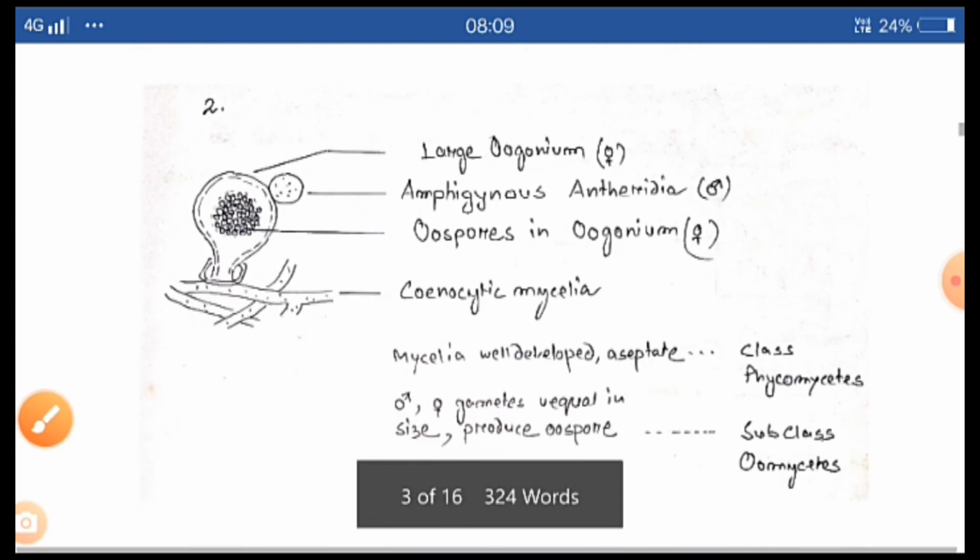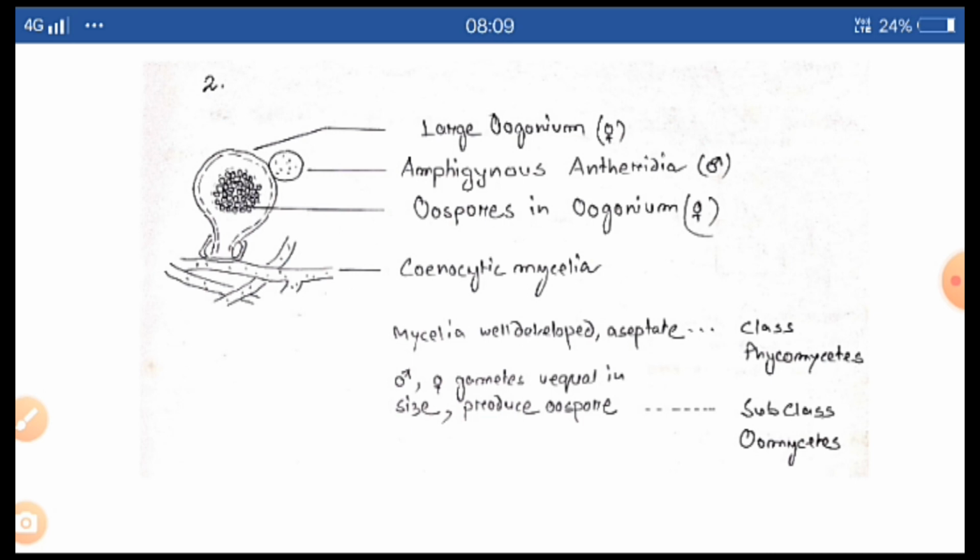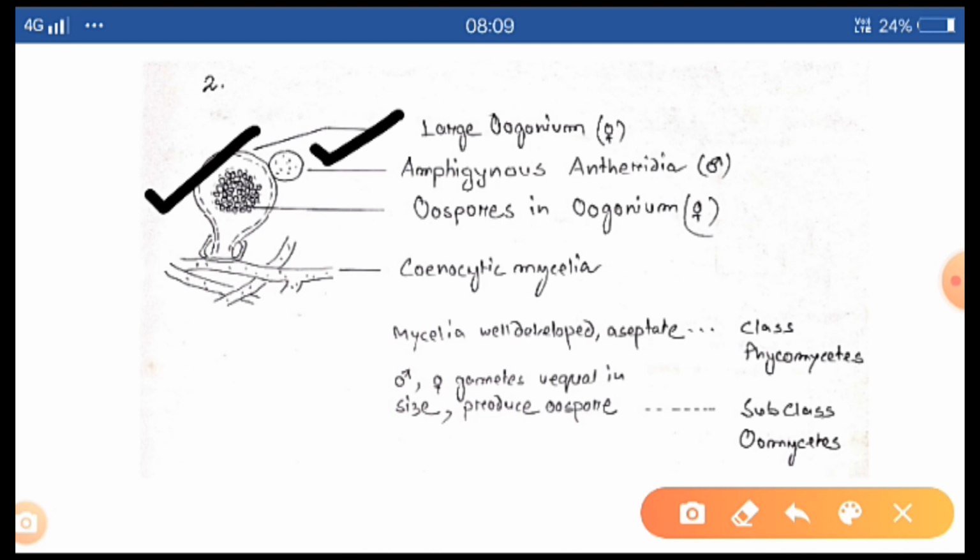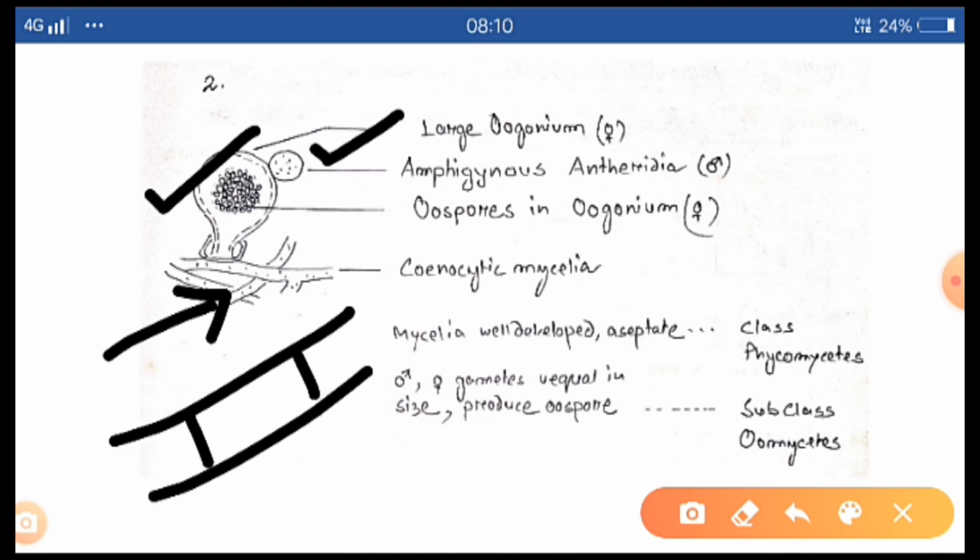Let us move to another example. On your screen there are two globular structures. One is small and another one is big. The small one is the male unit and the big one is the female unit. And the mycelia are non-septate. Non-septate means the septa are absent.